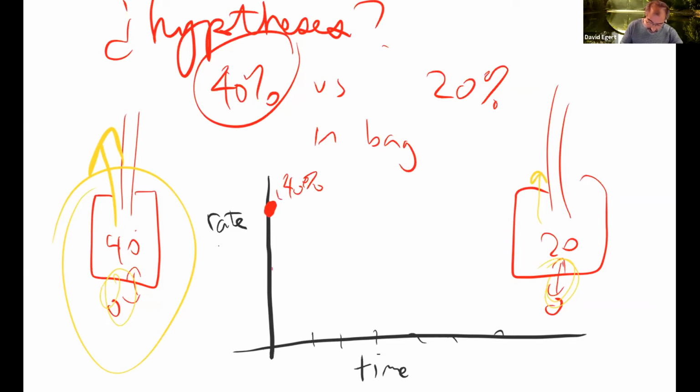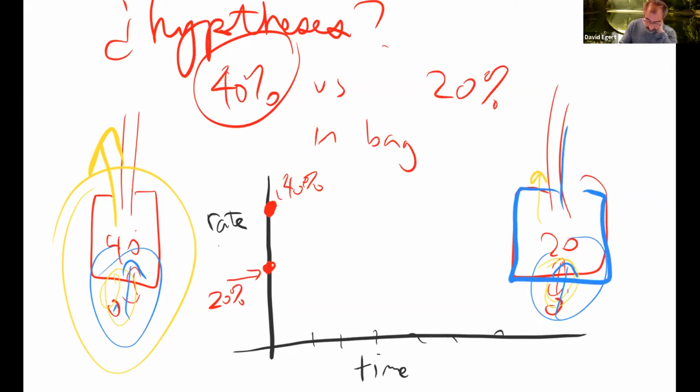The 20% is probably going to be quite a bit lower, right? Because that's where we start with the initial conditions. Water is coming into both of them due to osmosis, but it's got twice as high a gradient in the 40% as in the 20%. Maybe I'll make this blue here. So my 20% rate is going to be quite a bit lower than the 40% rate.